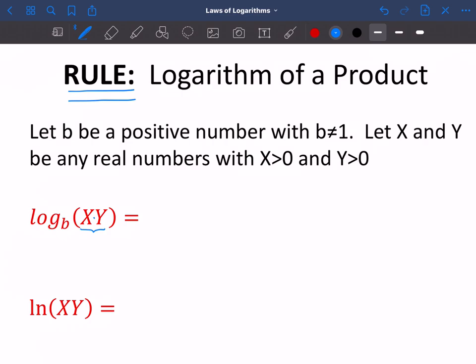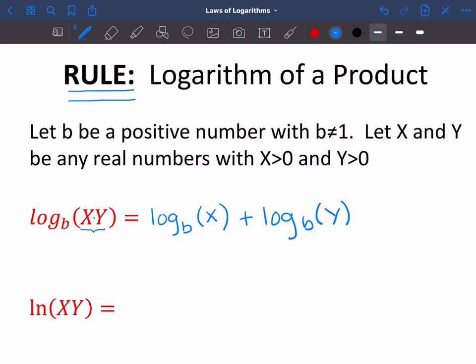The rule is we can expand this logarithm by using the following property: log base b of your first factor, which is x, plus, using addition, log base b of the second factor, which is y. So this is our first rule.